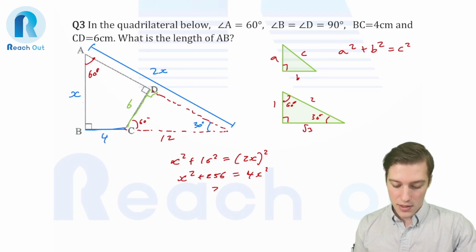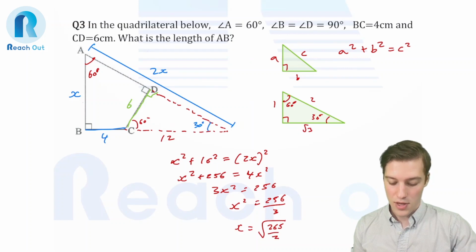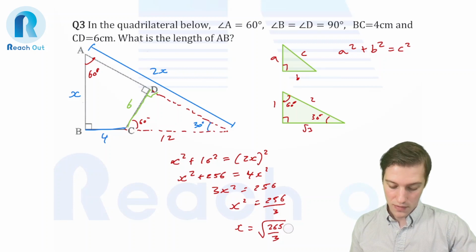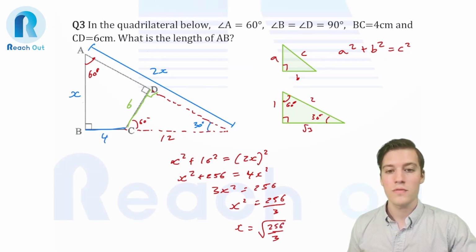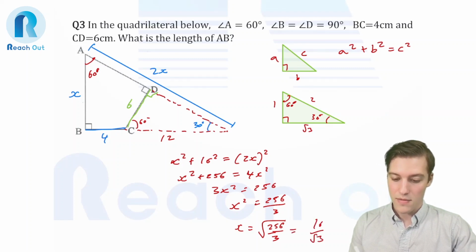Solving that, 3x squared is equal to 256. x squared is equal to 256 over 3. Therefore x equals the square root of 256 over 3, which is the same as root 256 over root 3, which is 16 over root 3. And I am done. The units for that, of course, are centimeters.